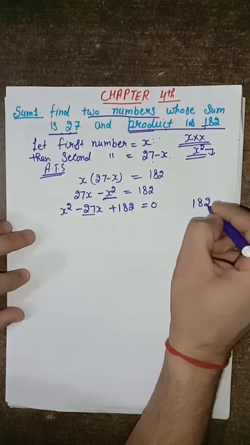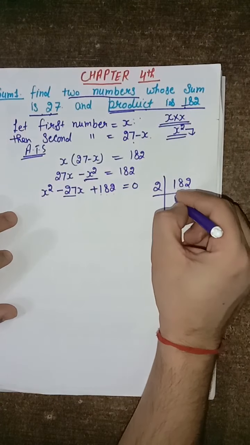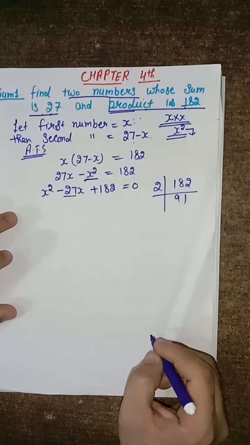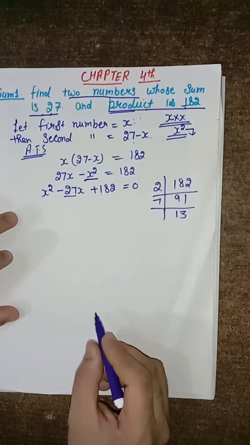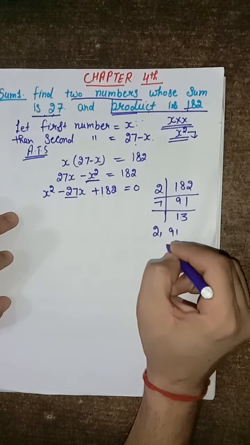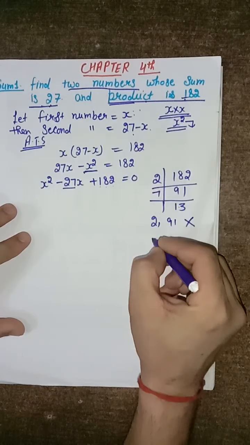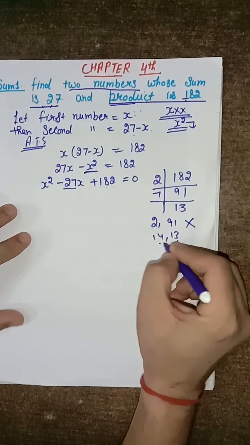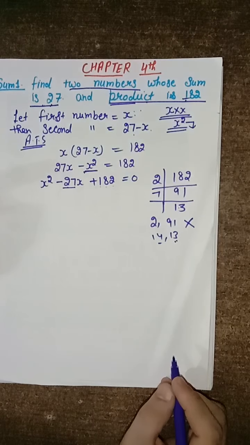So 182, first divided by 2, becomes 91, and then 7 times 13. The first factor pair is 2 and 91, not possible. Now the second pair, 14 and 13. The sum of 14 and 13 will be plus 27.